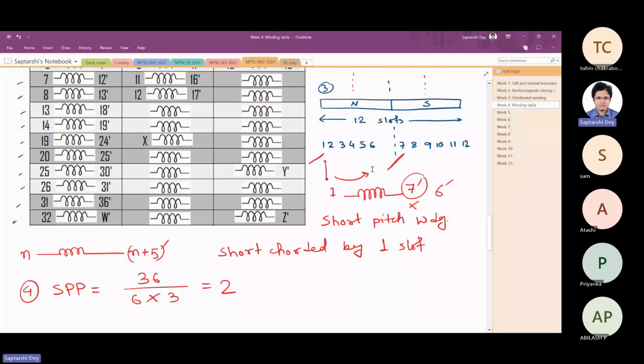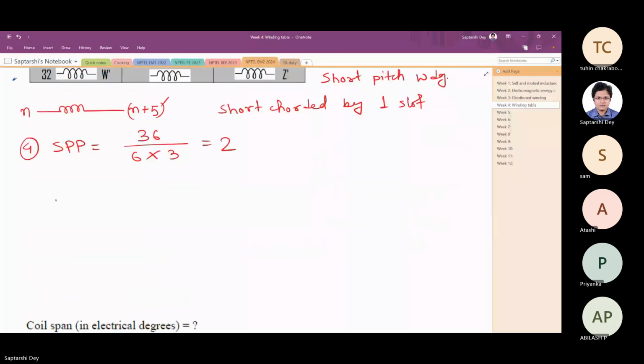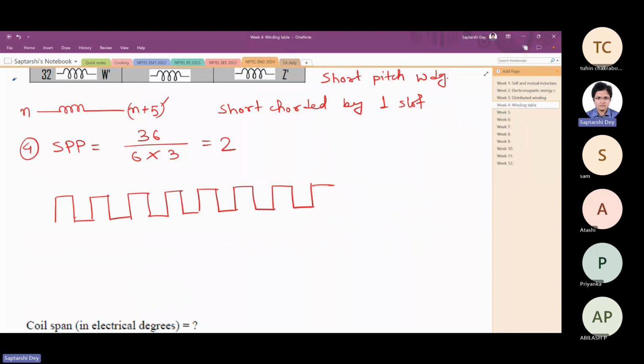Let me draw 12 slots. 1, 2, 3, 4, 5, 6, 7, 8, 9, 10, 11, 12. 12 slots I have drawn. 12 slots are there.